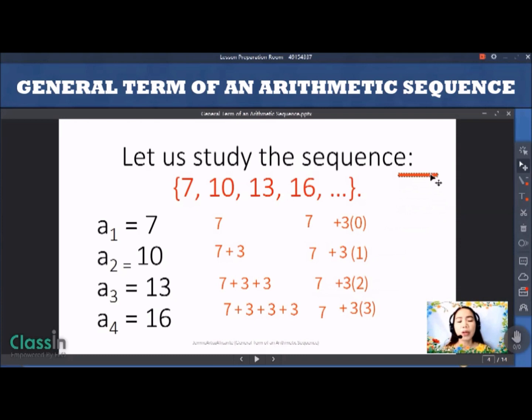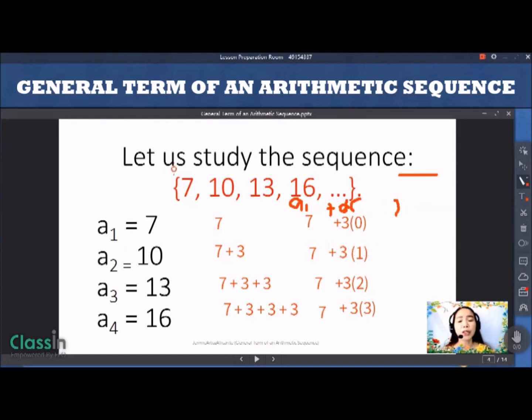So if we're going to determine the formula for the nth term of an arithmetic sequence, we will start of course here because they have the same value, a sub 1 plus, what is d? That is 3. So we will substitute 3 with d. How about this part? The number that we multiply to d.